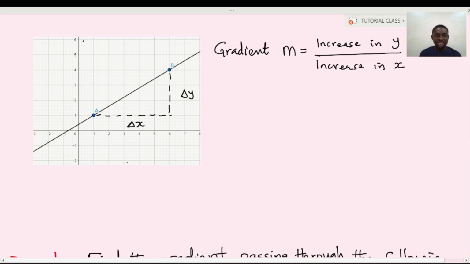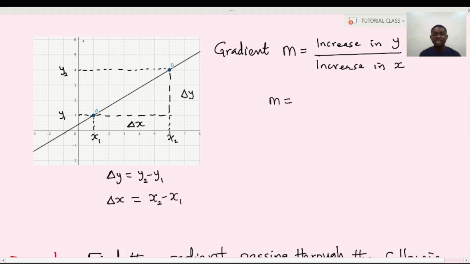Recall that the change in y that we have here is the difference y2 minus y1. By y2 we mean this point of y, and this is the point of y1. This is the point of x1 and this down here is the point of x2. So the change in x is equal to x2 minus x1.